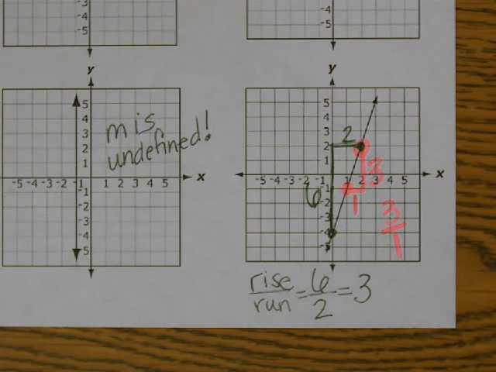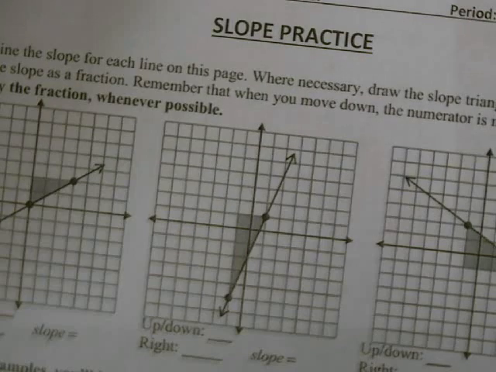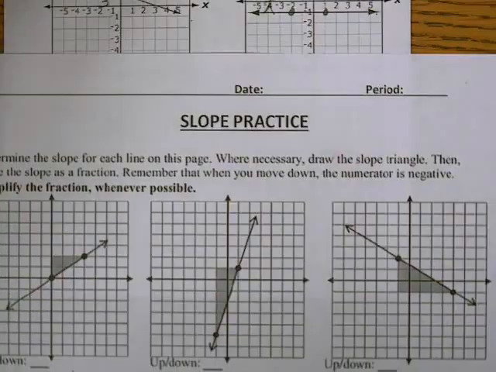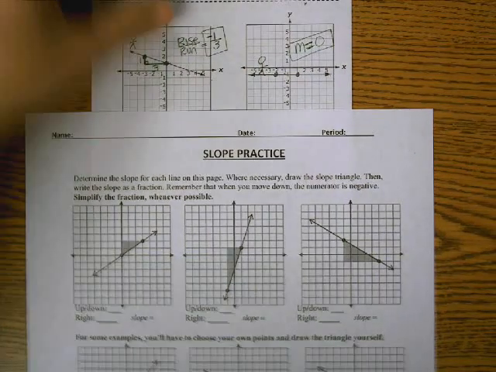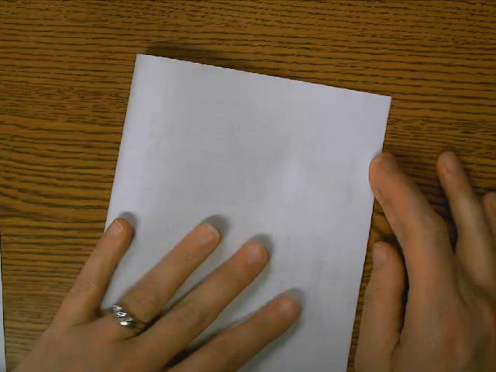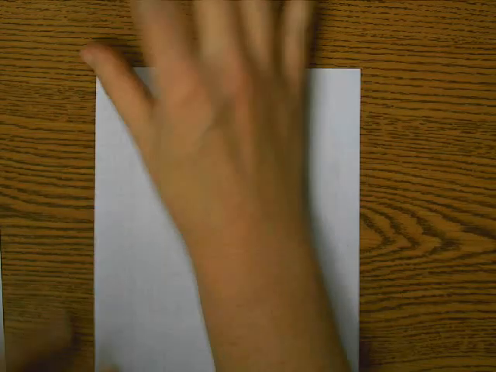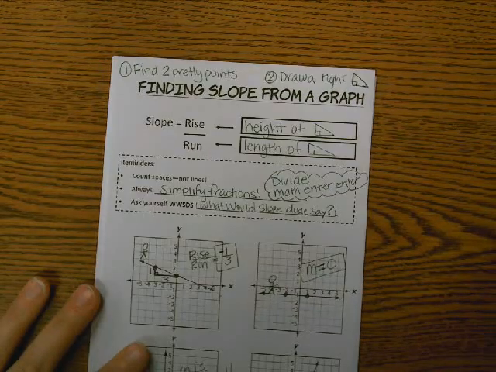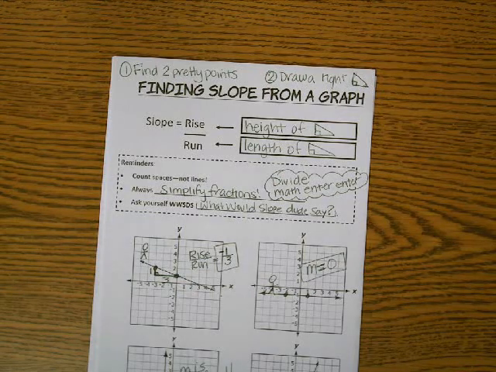Okay? Alright, so what you're going to do with that paper is you're going to have this slope practice paper, and that's the next thing that I want you to go ahead and do. So when you're done with this video, you're going to take the slope practice paper and you're going to fold it in half, and you're going to take this finding slope from a graph and you're going to glue it on top of the slope practice paper.